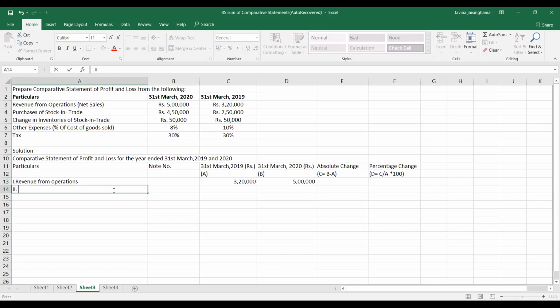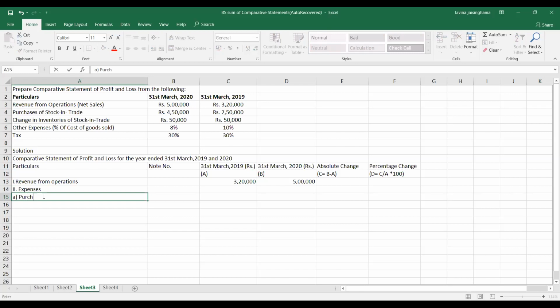Just write down second, that is expenses. You can write expenses, and under expenses we are having various expenses here. See, purchase of stock in trade, change in inventories, other expenses. So I'll write down all those sub expenses below the major head, that is expenses. Now first one is purchase of stock in trade.